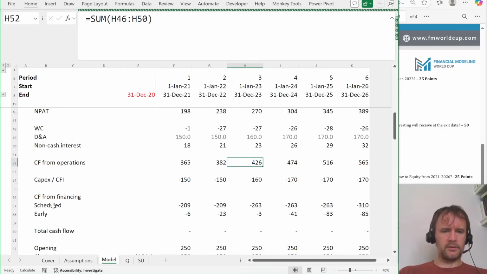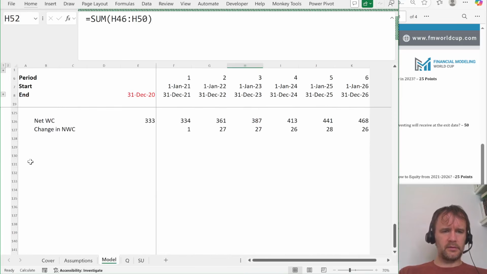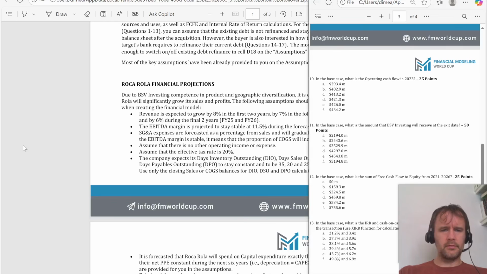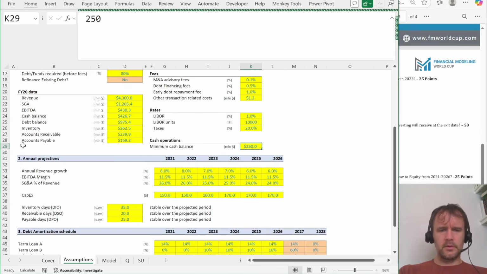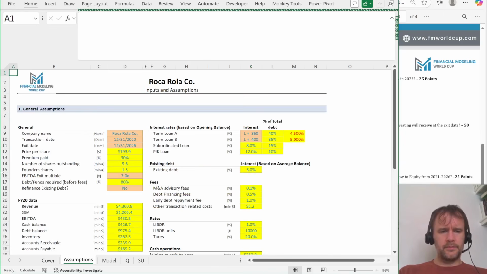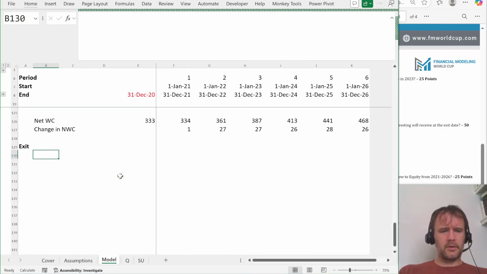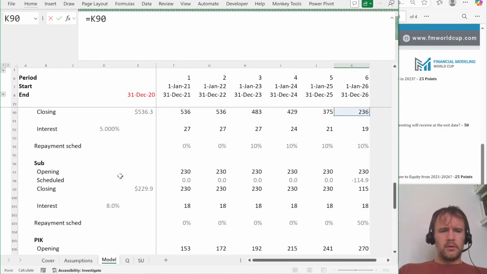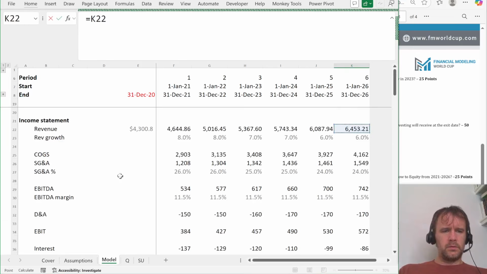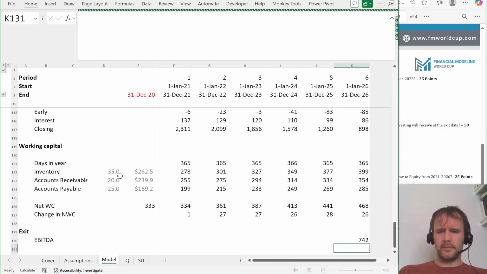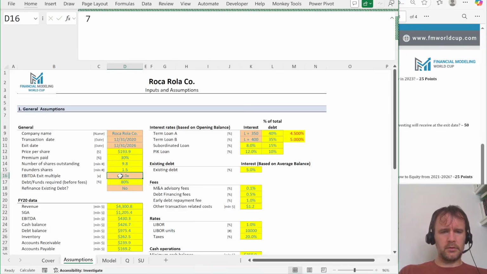All right, so let's do the exit stuff. So we have an EBITDA multiple, right? Yes, EBITDA. Okay, so we want EBITDA. Gosh, these models get big. Okay, so EV is going to be that times, let's grab our multiple.